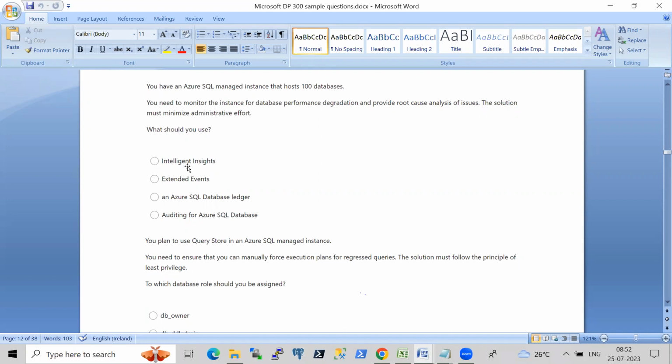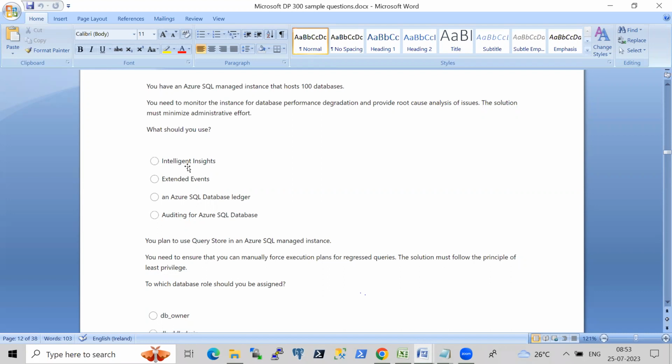Intelligent insights is the right option, because extended events is just for a single purpose. If something went wrong, I can troubleshoot it, but it's not possible to do it on hundreds of databases.